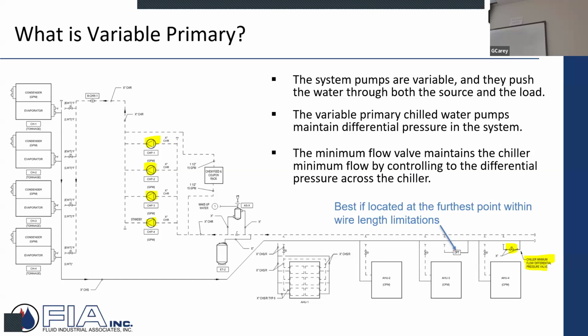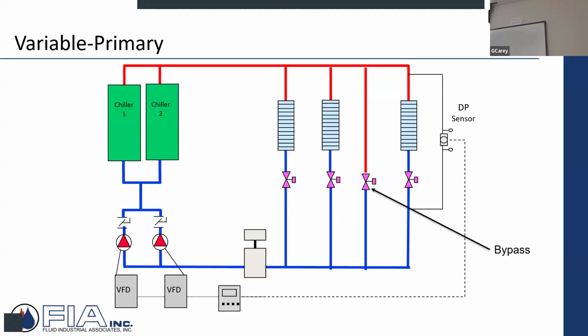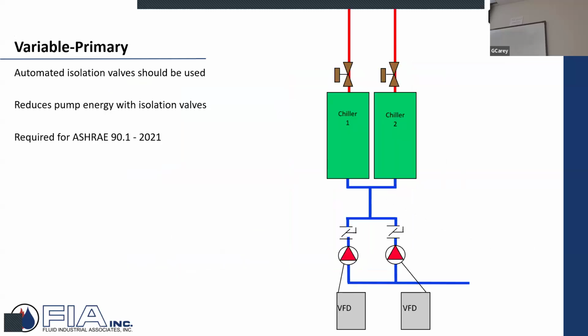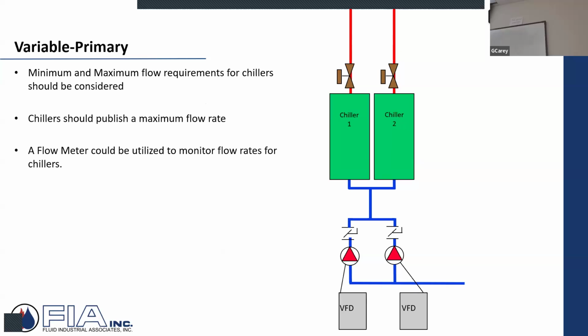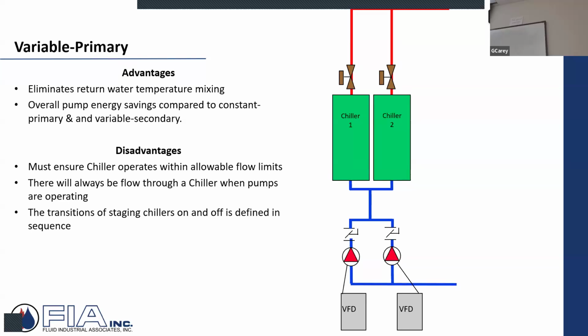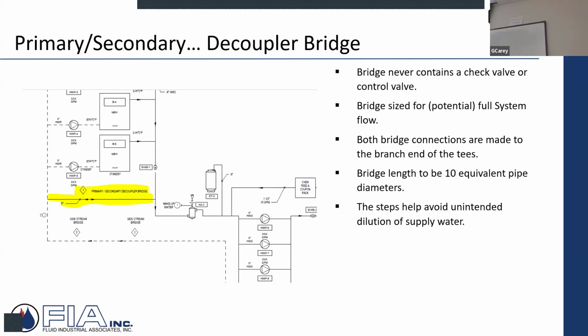There is no primary secondary. It's variable primary flowing through both the chiller plant and the distribution. So there are some options. Some firms believe in it, others just stay with the primary secondary.